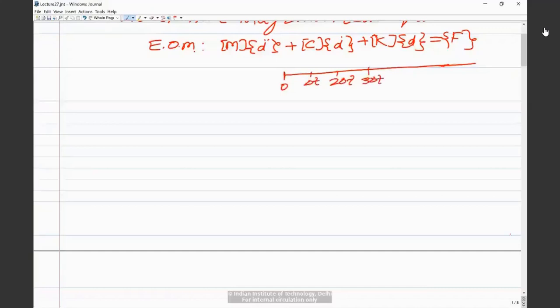Once you know the solution at t, you want to solve it for t plus delta t.